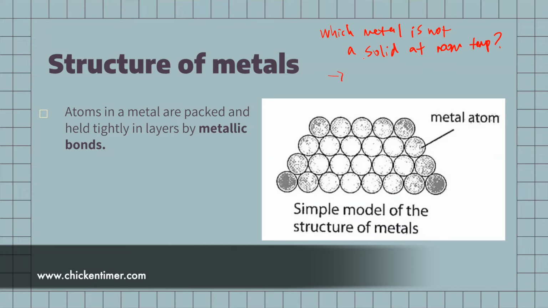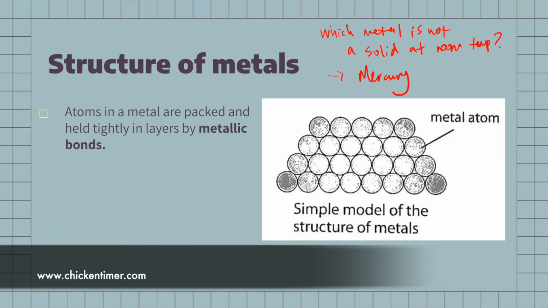There is one metal that you need to know that is not a solid at room temperature. If you have seen liquid in glass thermometers, you may have seen this metal. Mercury. Correct. Very good. So this is mercury. Mercury is a liquid metal.